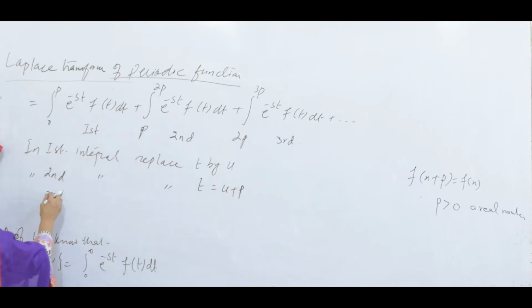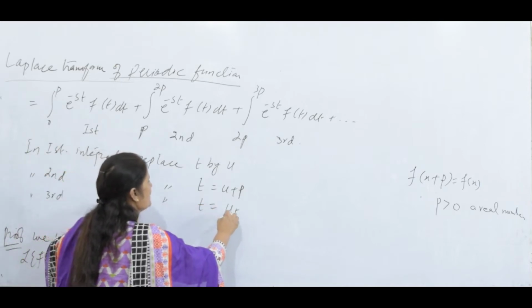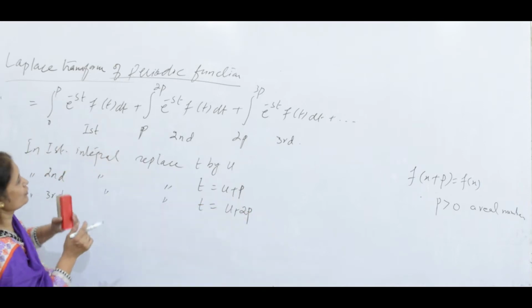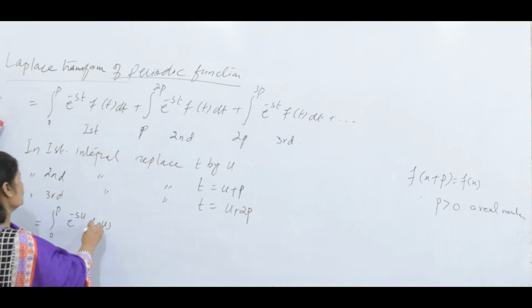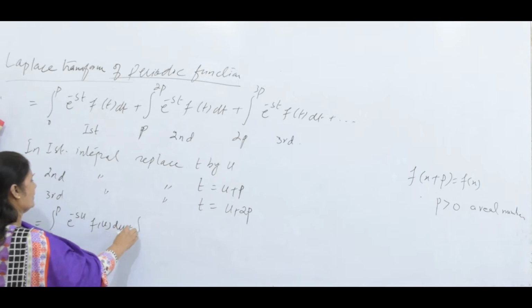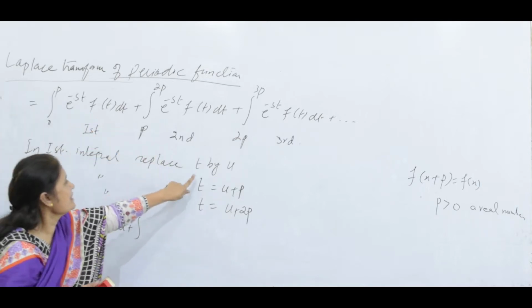In the third integral, t is equal to u plus 2p. Now the first integral is 0 to p of e^(-su) f(u) du, because we have replaced t by u and dt is du.